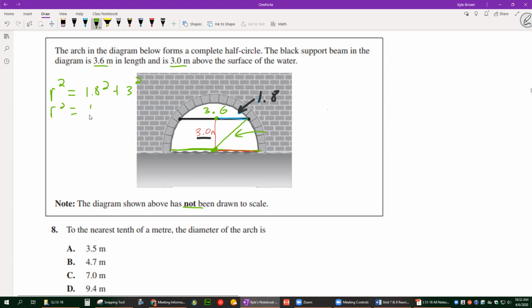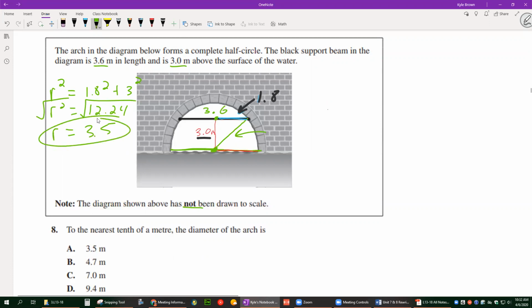So I get 12.24, and then very last thing, square root. So we get r is equal to the square root of that last number, 3.5. Okay, so 3.5, so great.